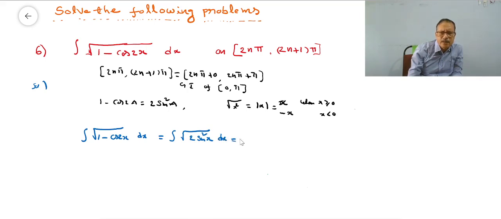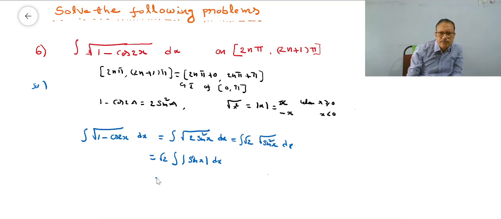So this is equal to integral of root 2 into root of sin square x dx. So this is equal to root 2 into integral of, root of x square is equal to modulus of x, root of sin square x means the modulus of sin x into dx.